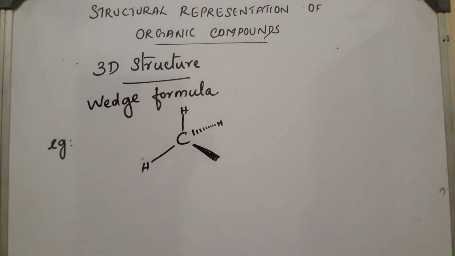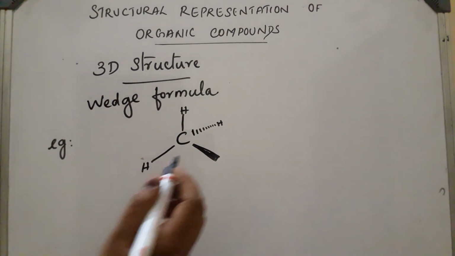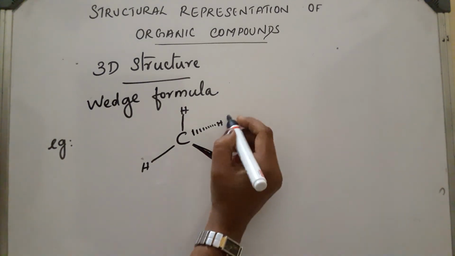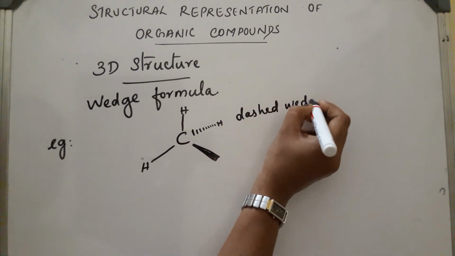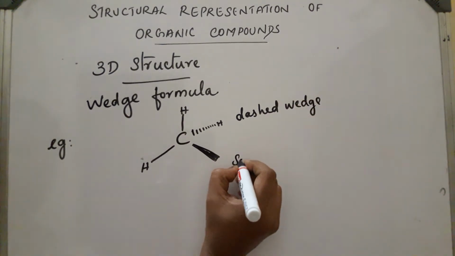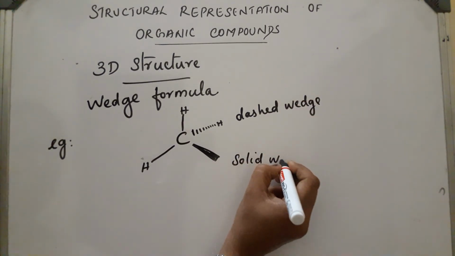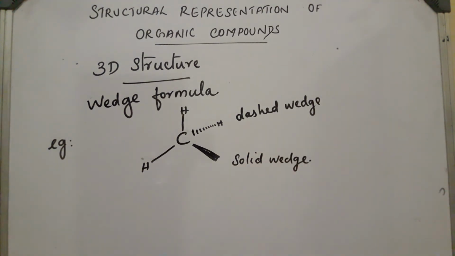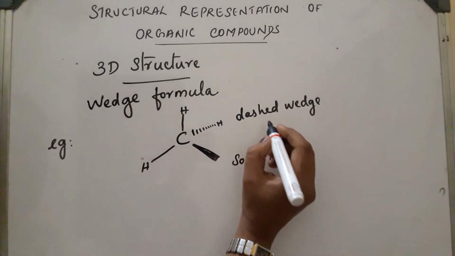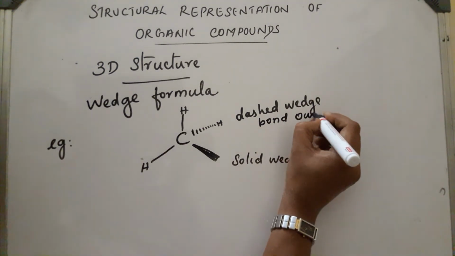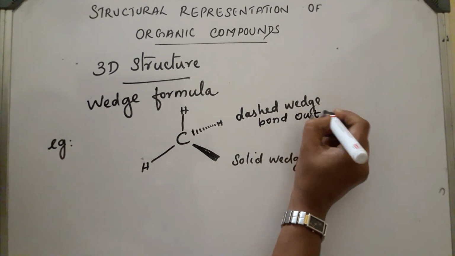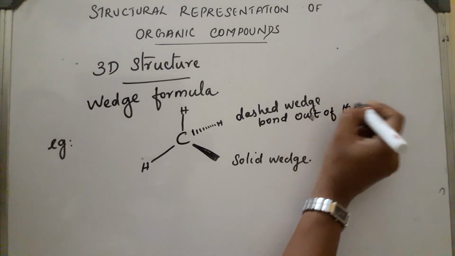In this model, this is the dashed wedge, and this is the solid wedge. These two are out of the plane of the paper. The dashed wedge represents a bond out of the plane, away from the observer.